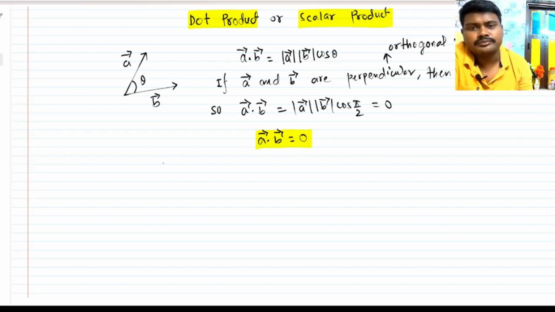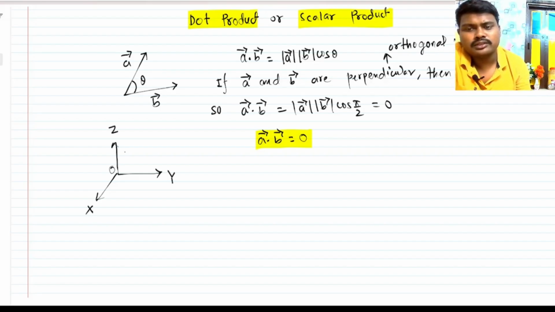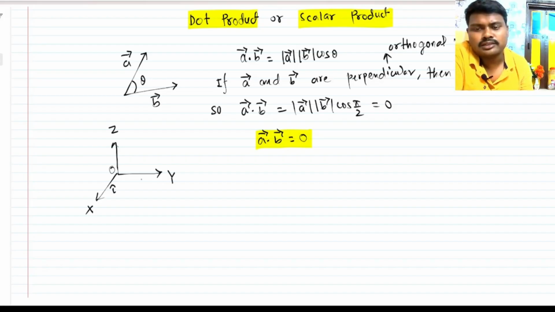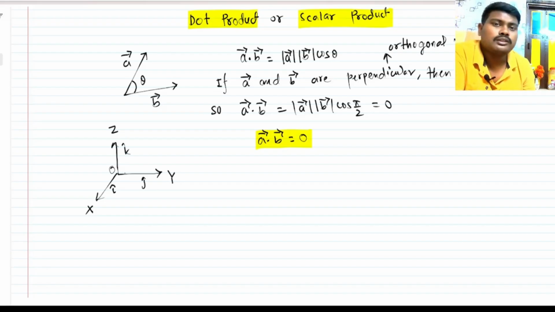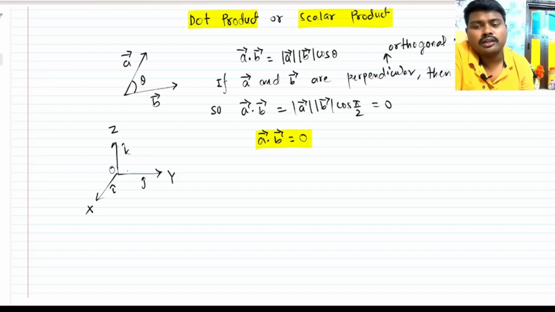And we know that I cap is a vector along the x-axis. Consider the first octant of three-dimensional space where we consider the x-axis, y-axis and z-axis. We know that I cap is the unit vector along the x-axis, j cap is the unit vector along the y-axis, and k cap is the unit vector along the z-axis. And we also know that the angle between any two of these unit vectors is 90 degrees.